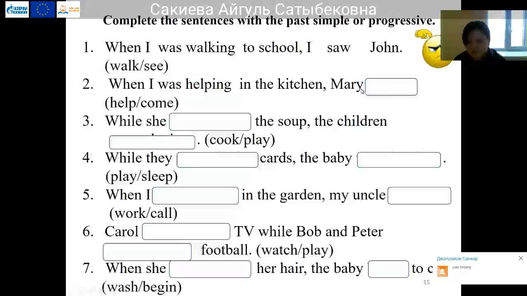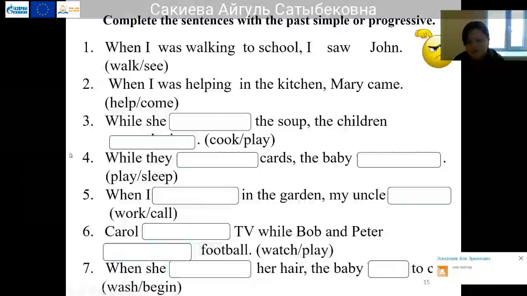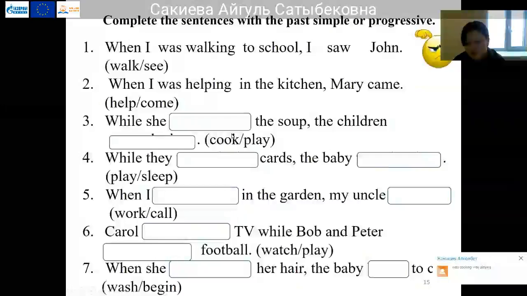Was helping, correct? And Mary came, correct? While the soup, the children what? Be careful, we have got the word while. If you have got the word while, it means that two actions were happening at the same time and they both weren't finished.